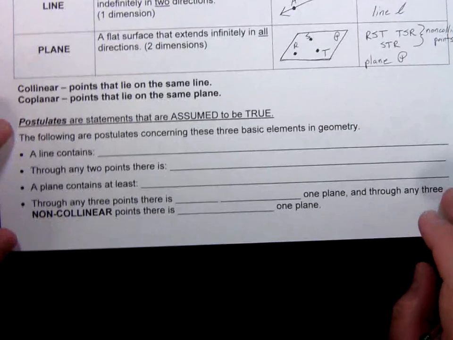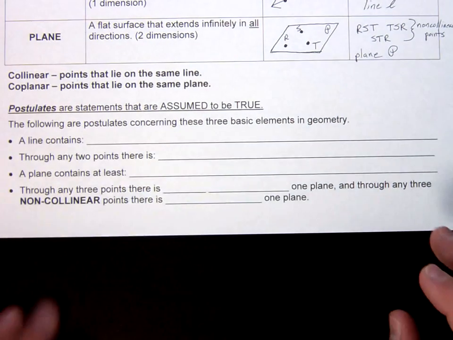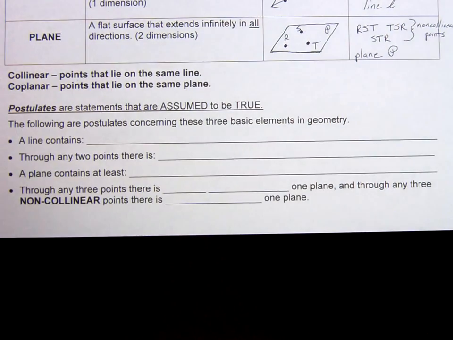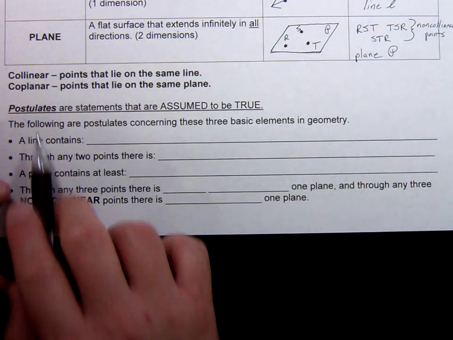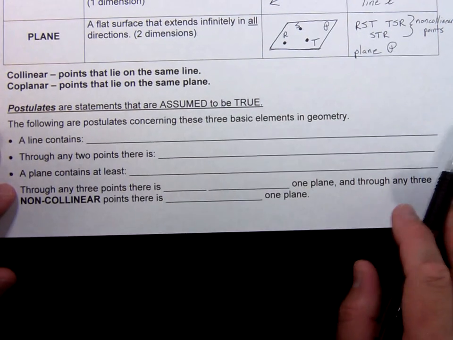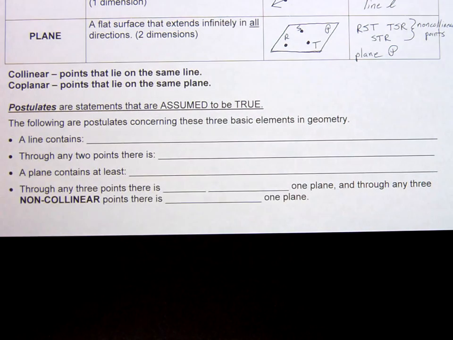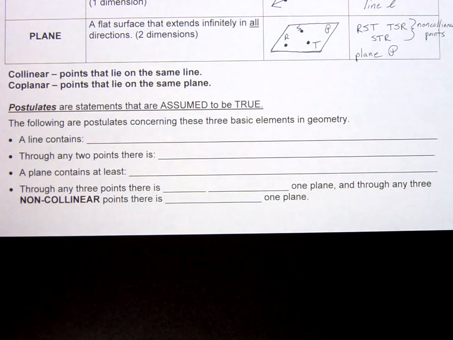Okay, in geometry, we're going to use a lot of postulates and theorems, and these are things that are facts, basically, for us. The difference between the two, postulates are statements that are assumed to be true. We'll get to theorems later, but postulates are the most basic, fundamental things in geometry.